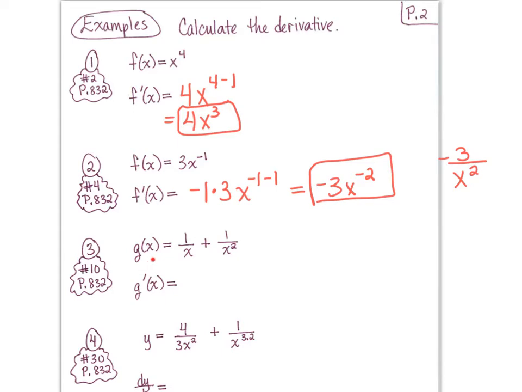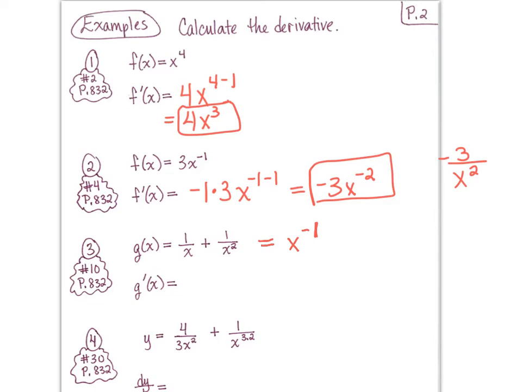Now, for g of x is equal to 1 over x plus 1 over x squared, what should we do in order to find the derivative? As he said, we need to change 1 over x to x to the negative 1.